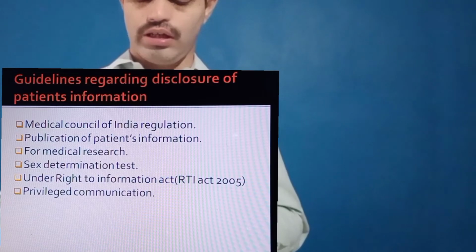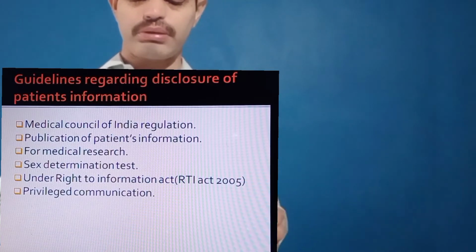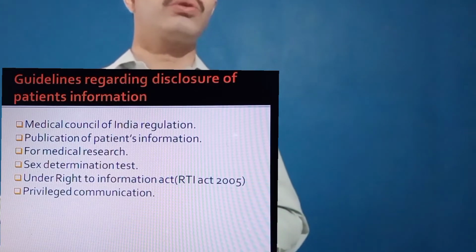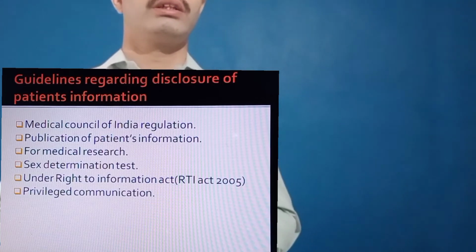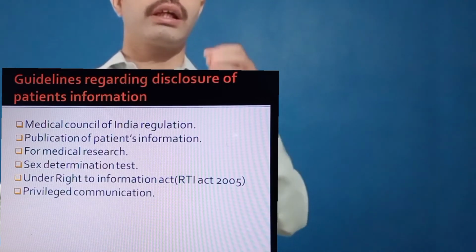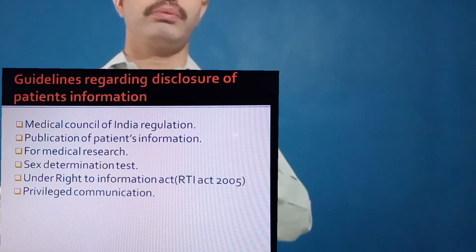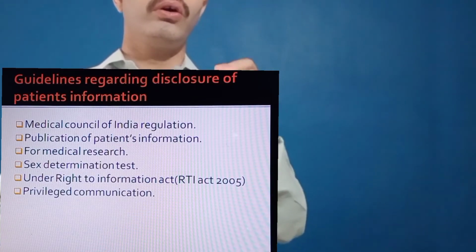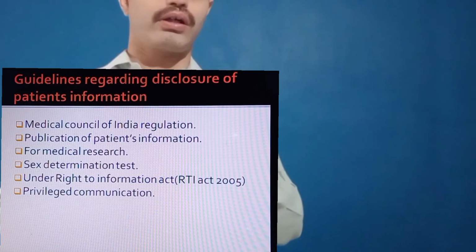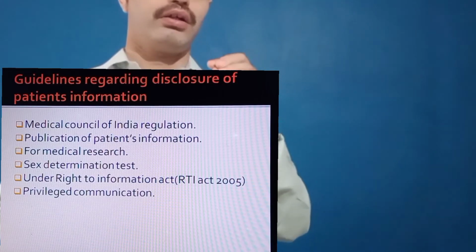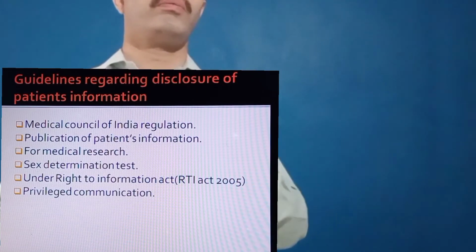Then next comes the sex determination test. As you already know, it is strictly prohibited that when the fetus is in the mother's womb, no information should be disclosed by the doctor that a particular fetus is of a particular sex.